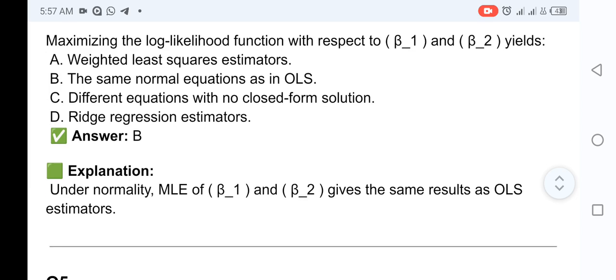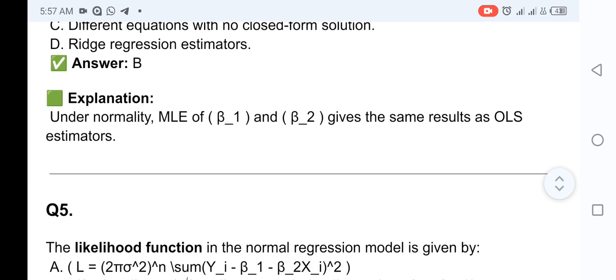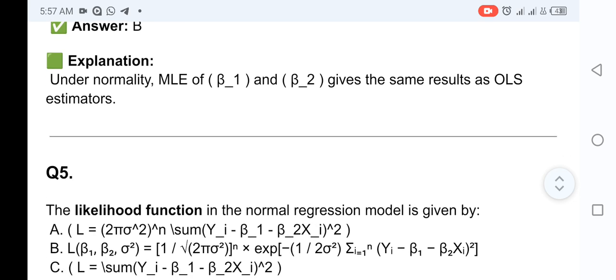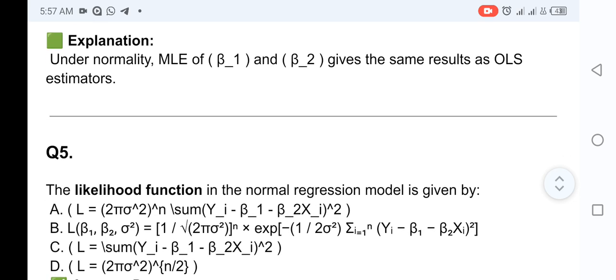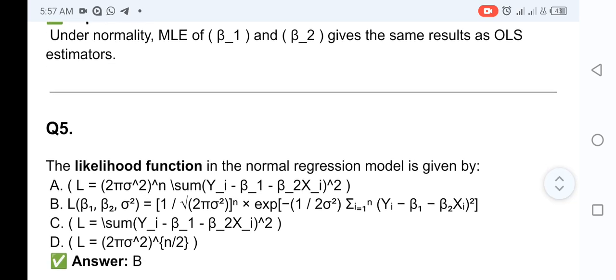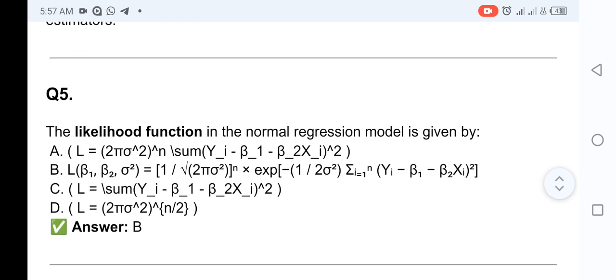Q5. The likelihood function in the normal regression model is given by: A. L = (2πσ²)^n Σ(y_i − β_1 − β_2 x_i)². B. L(β_1, β_2, σ²) = (1 / √(2πσ²)) exp(−(1 / 2σ²) Σ(y_i − β_1 − β_2 x_i)²).